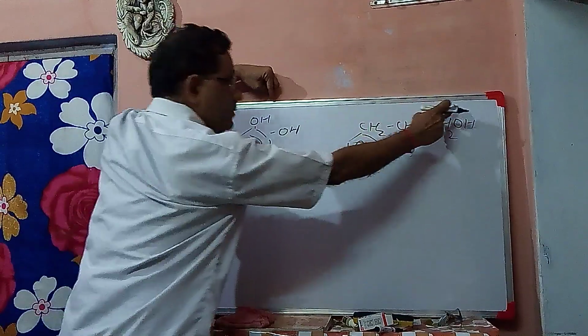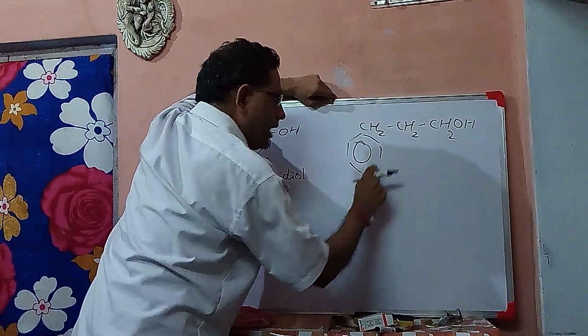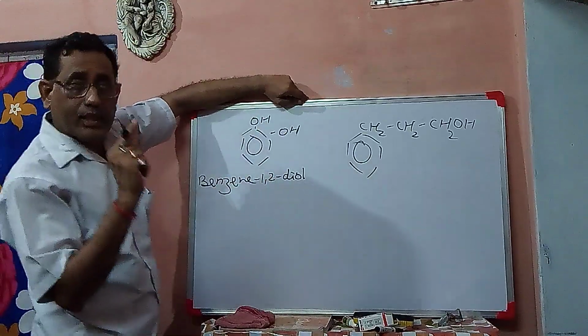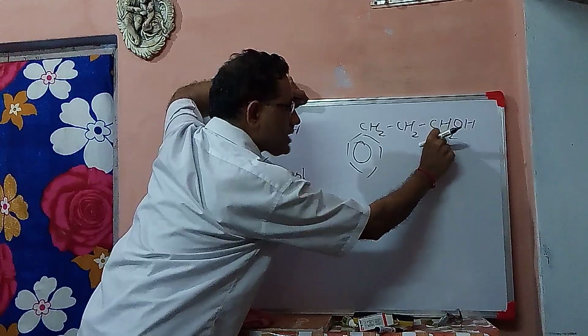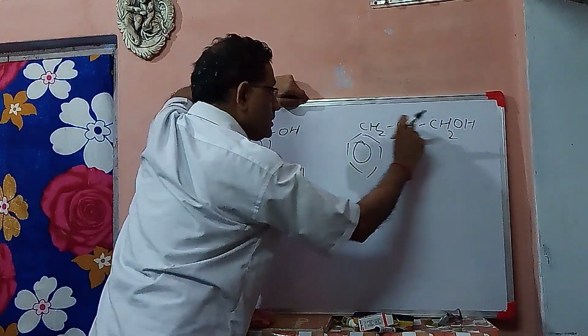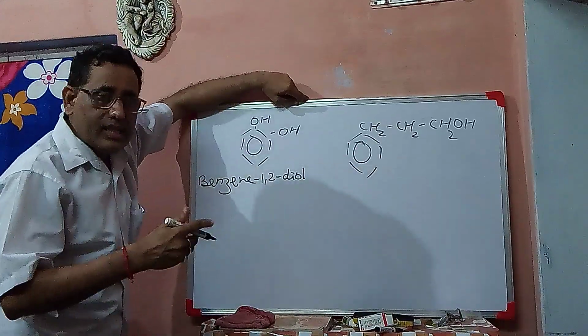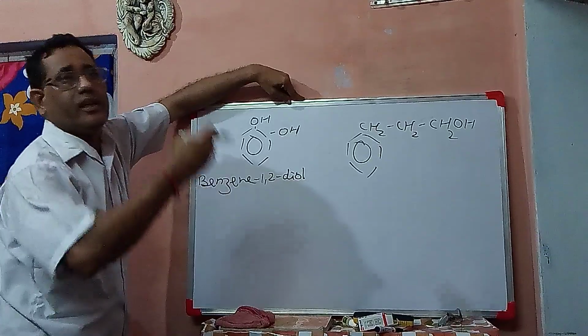Suppose this compound is taken, in which the functional group is present on the side chain. अब ध्यान रखेंगे, there are 2 carbon chains. This is the straight chain, this is the aromatic ring. But the functional group is attached on the side chain. So this chain is taken as the seniority chain. इसको priority देंगे हम लोग.